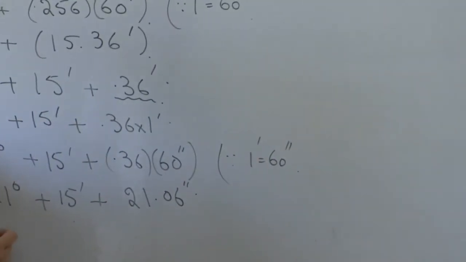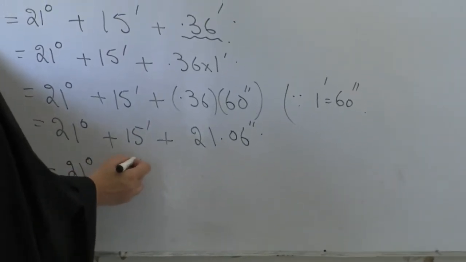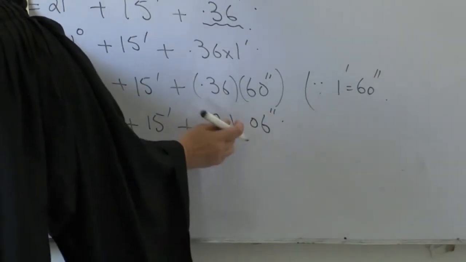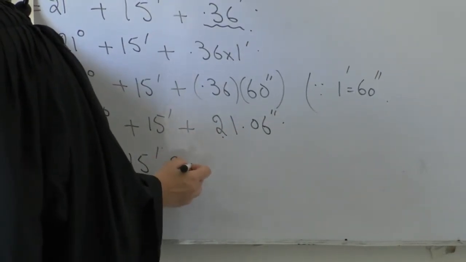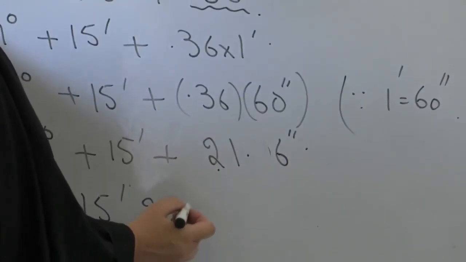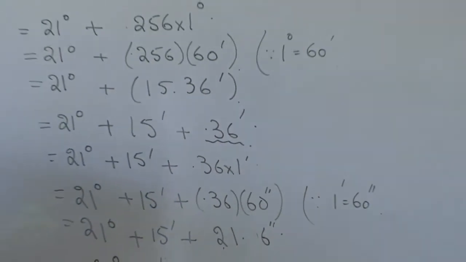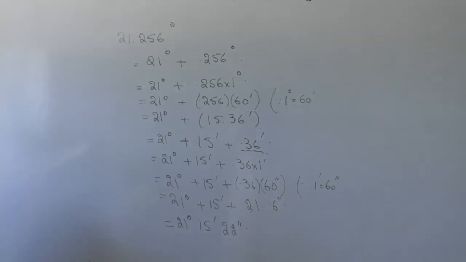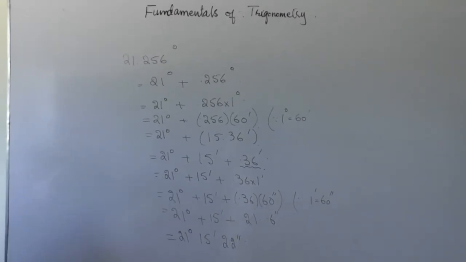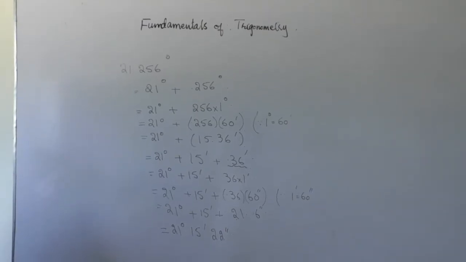So it becomes 21 degree 15 minutes, and when we round this, it becomes 22 seconds. This is the conversion from decimal to degree, minutes, seconds.